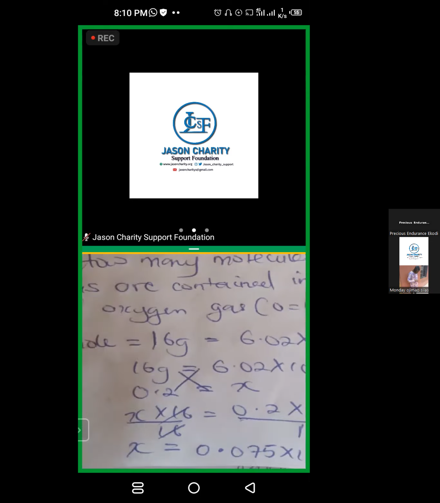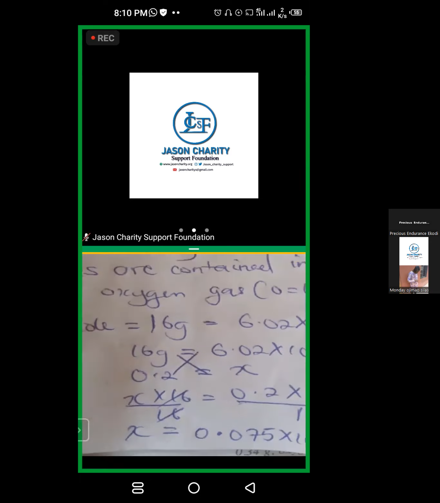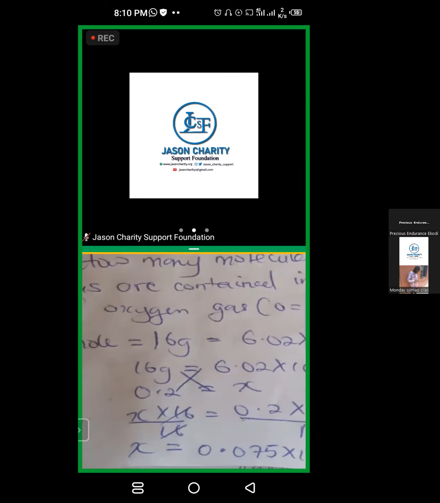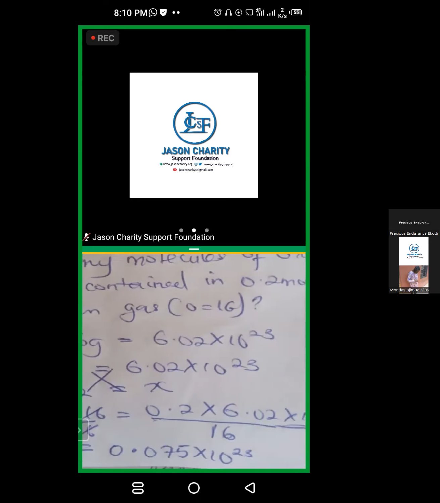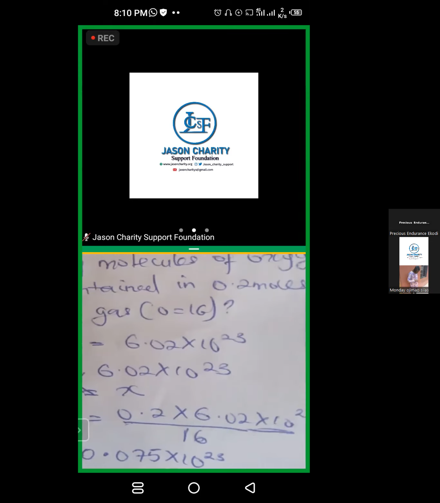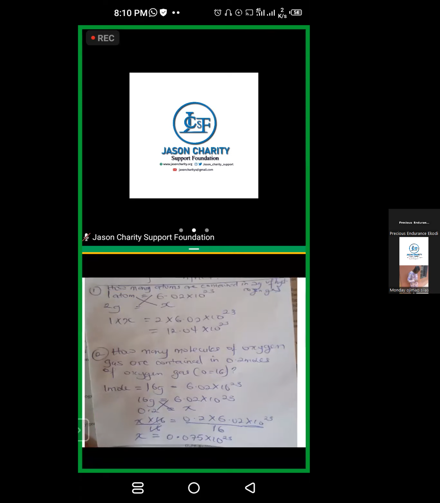We bring in the value we are looking for, which is 0.2 moles. We get an equivalent to x. We cross multiply, and then what we have would be 0.075 times 10 raised to the power 23. So I'll be sharing this as a correction so we can go and check up what we did.